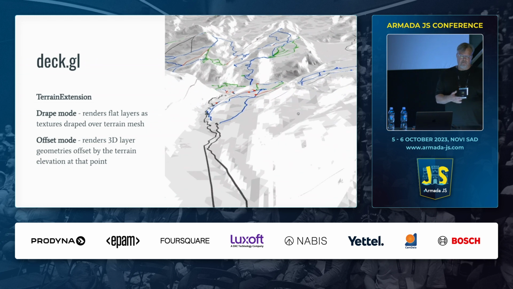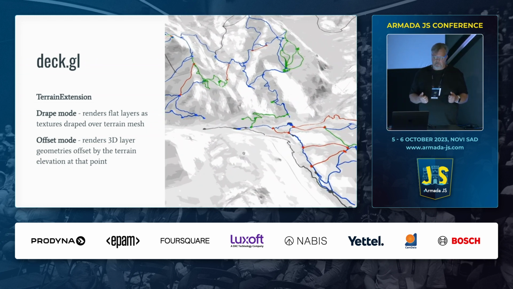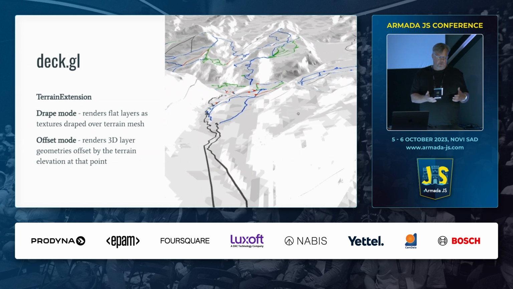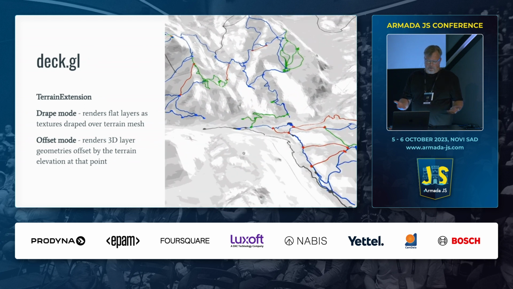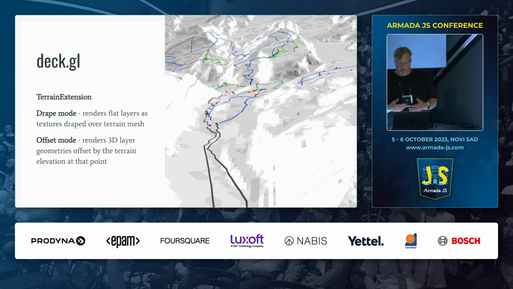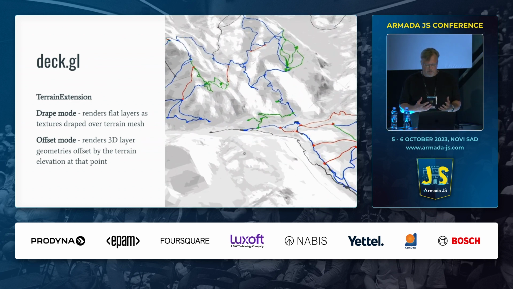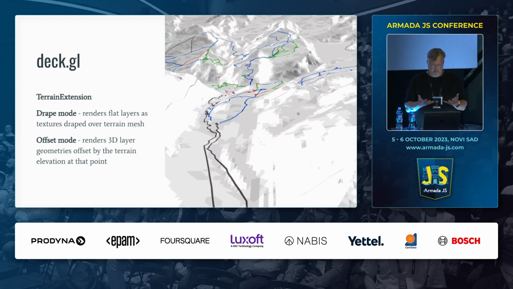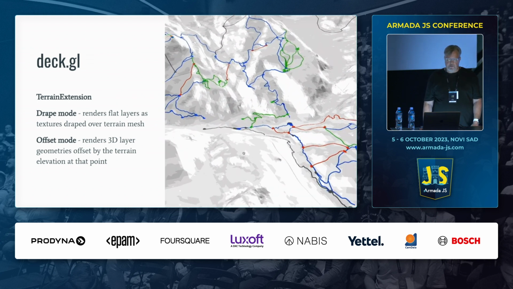Most examples you see from these kinds of frameworks are often in a city by the coast, like San Francisco and New York, where the buildings are at sea level. But if you go inland, you can often be 1,000 meters above sea level, and nothing really works well. And so now we have a terrain extension that can lift all your visualizations on top of the terrain.